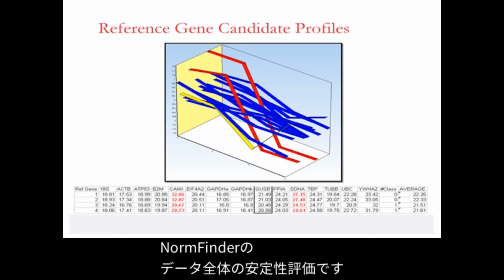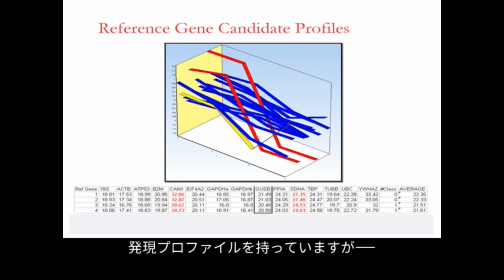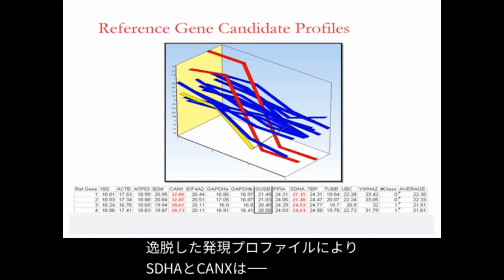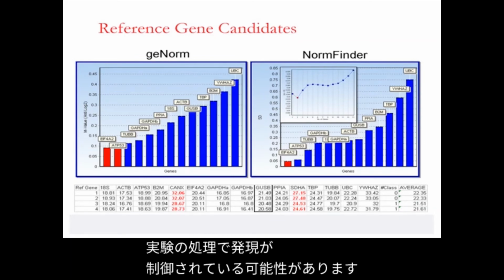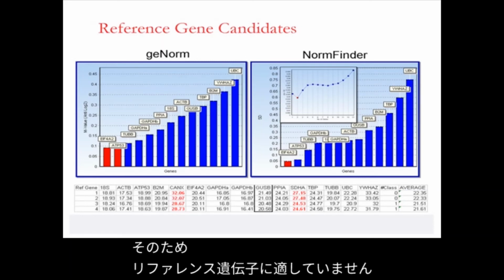They affect NormFinder stability estimates of the whole dataset, so that GUS-B, that happens to have an expression profile that to some extent follows the profiles of STHA and CANX, is elevated in the ranking of the most stable reference gene candidates. Due to the deviating expression profiles, we suspect that STHA and CANX are regulated by different treatment alternatives in our assay, and therefore not suitable as reference genes.